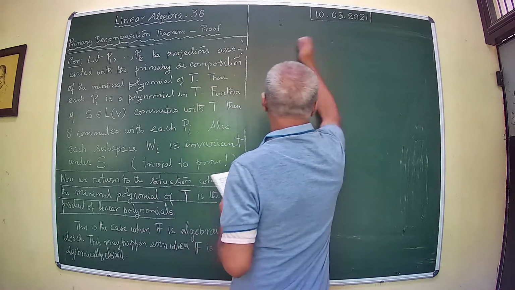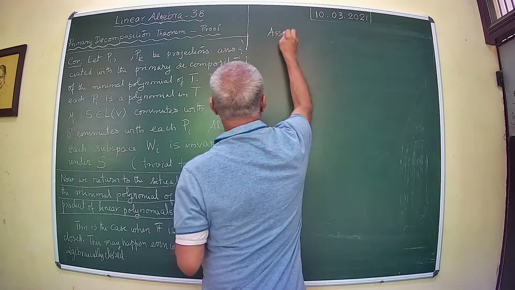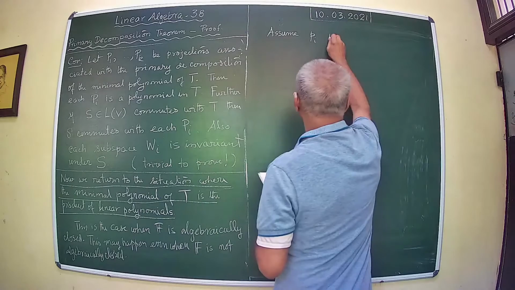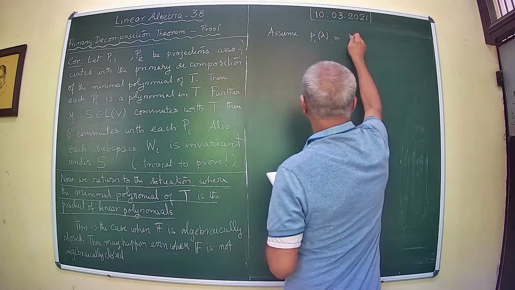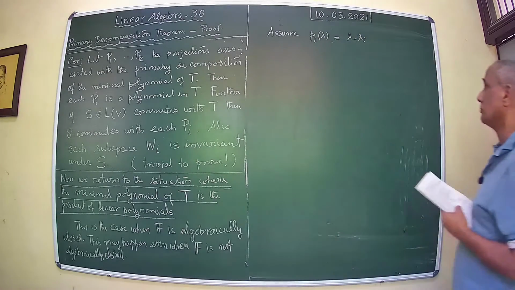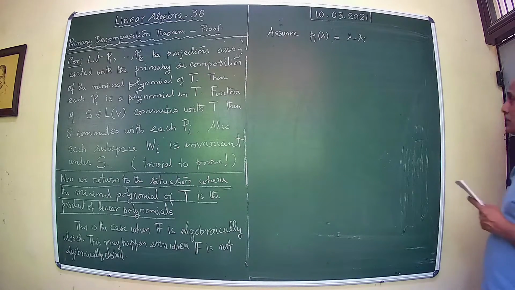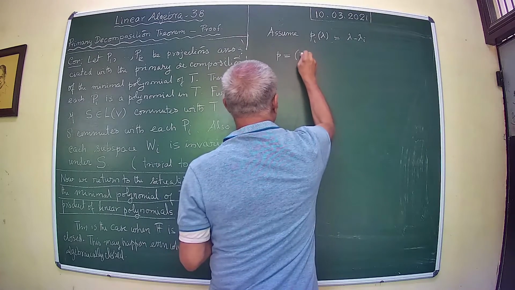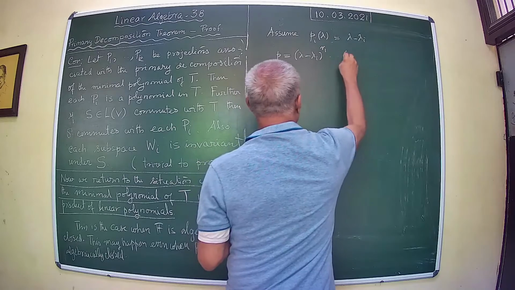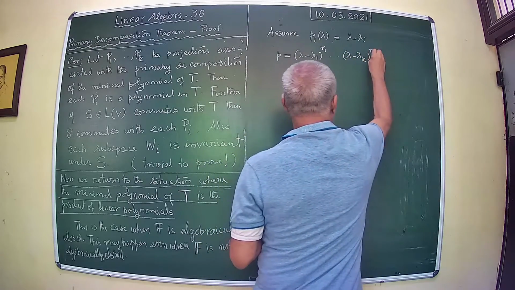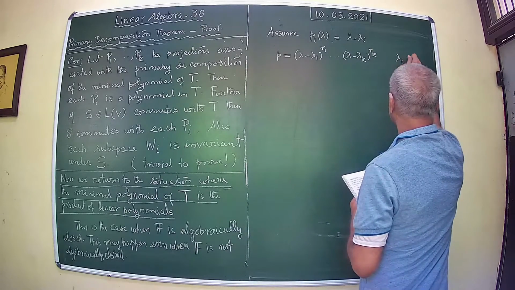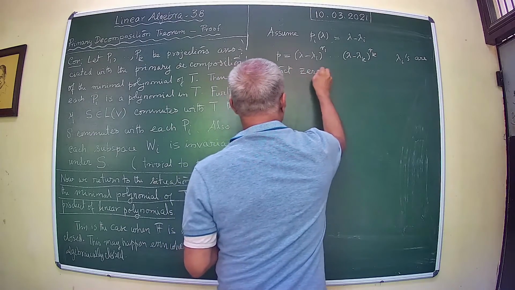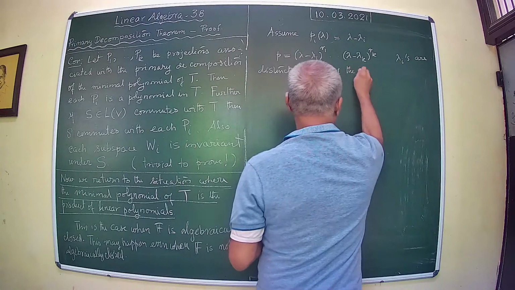So let us assume that the minimal polynomial is of the form P = (x - λ_1)^{r_1}...(x - λ_k)^{r_k}, where this is the characteristic polynomial.